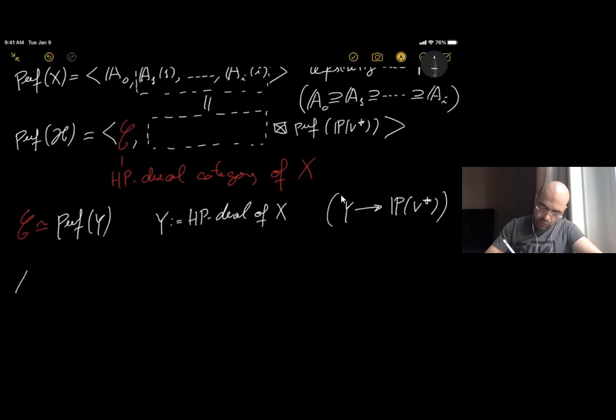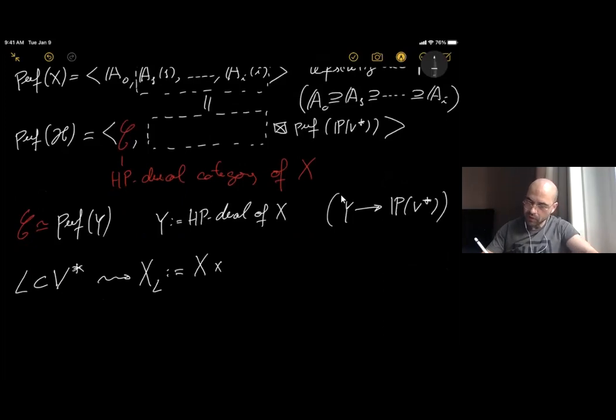And so what you can do is that whenever you have a subspace in here, you can take the linear section of your X. This you define as the fiber product over the projective space with the L orthogonal. And you can also define the other linear section where you do this fiber product over the dual projective space with P(L).